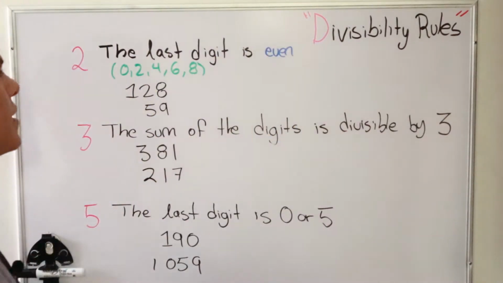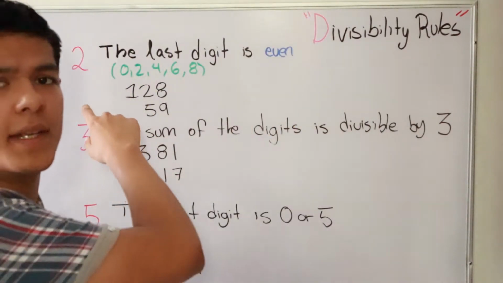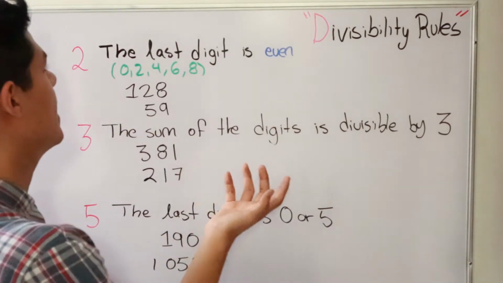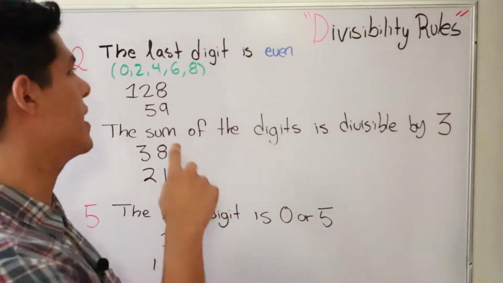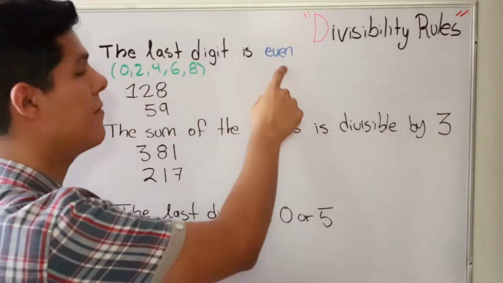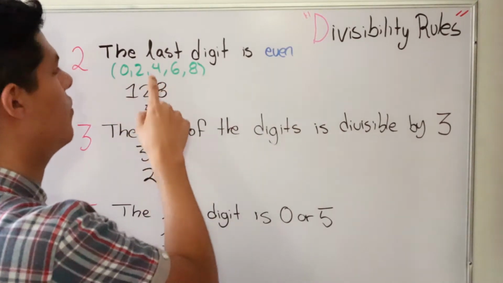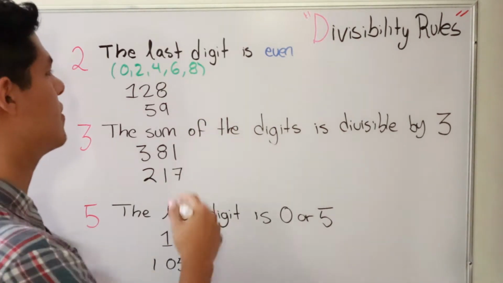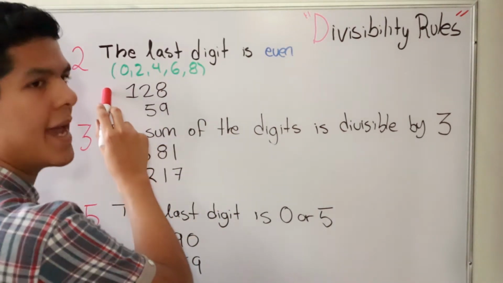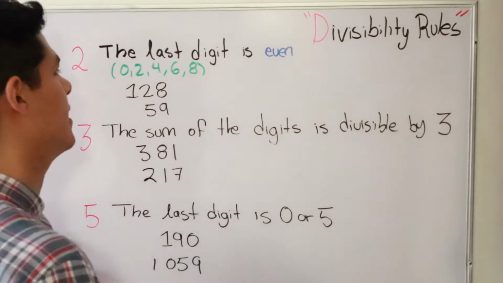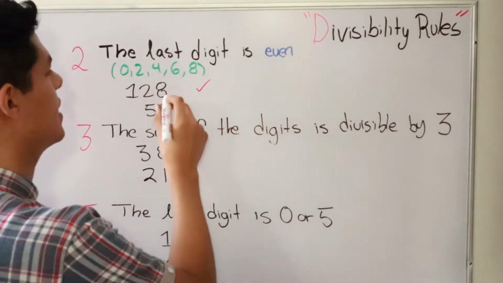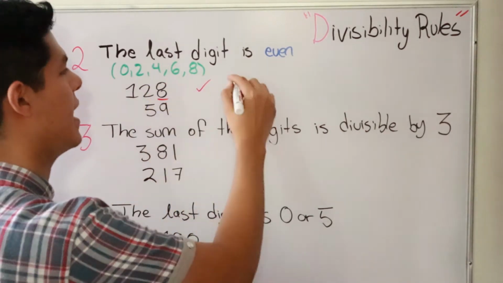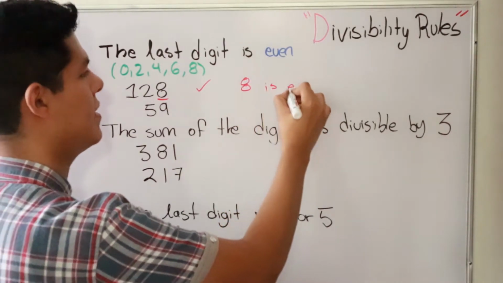The first one that we're going to see is when a number can be divided by 2. In other words, a number is divisible by 2 if the last digit is even, for example 0, 2, 4, 6, and 8. So let's test if 128 is divisible by 2, and it is, because the last digit is 8, and 8 is even.